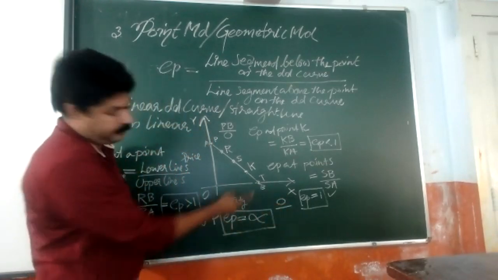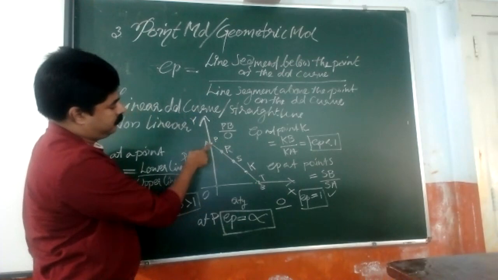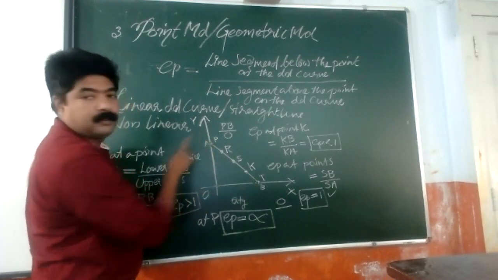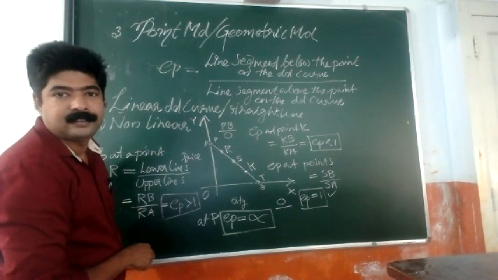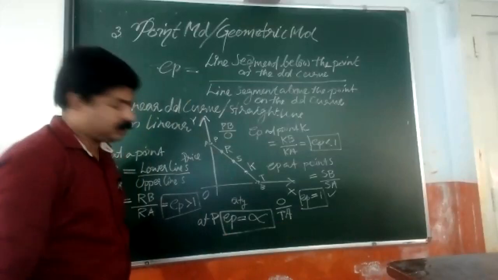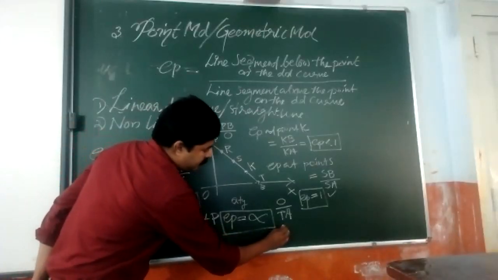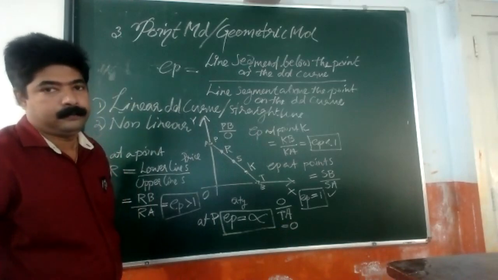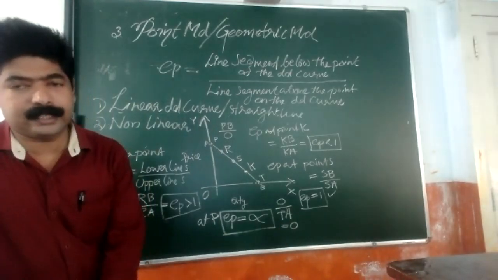Then upper line, what is it? TA. So the value is 0. Okay, it is also given in the textbooks.